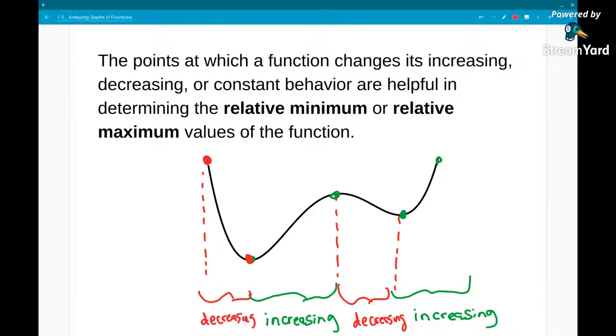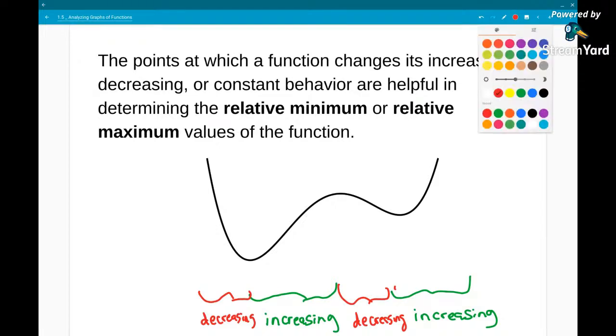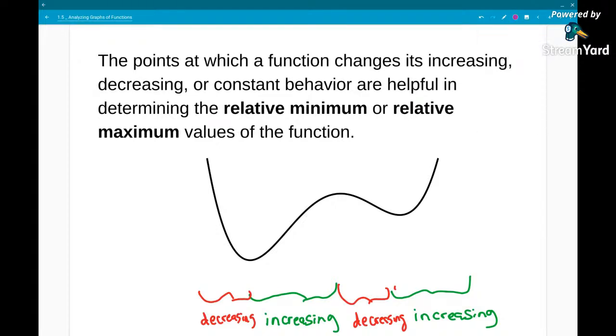Now, the bolded words say relative max or min values. When you switch from decreasing to increasing or vice versa, you have either a relative max or a relative min. What's nice is your intuition would probably steer you correct.